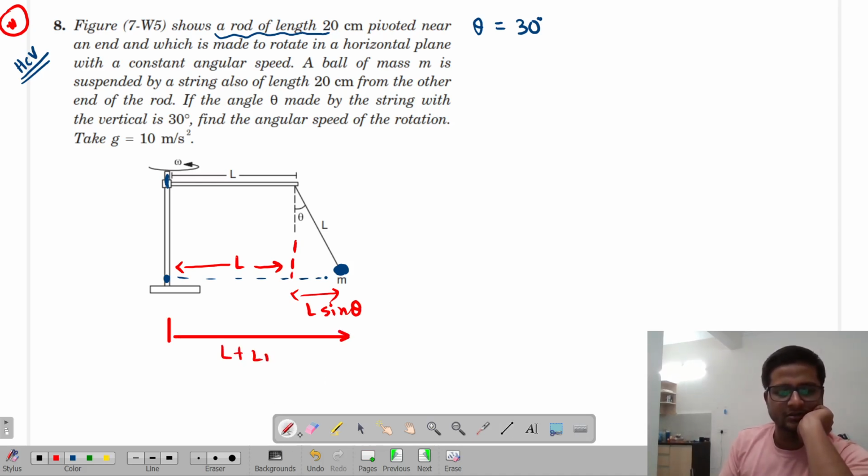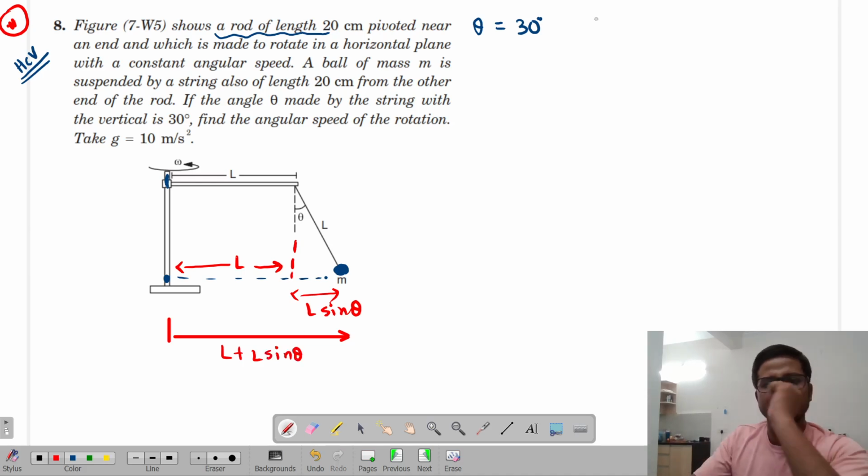गॉट इट? ऐसा होगा क्या? रिमेंबर व्हाट इज रेडियस, रेडियस इज द line joining the axis of rotation and the particle.